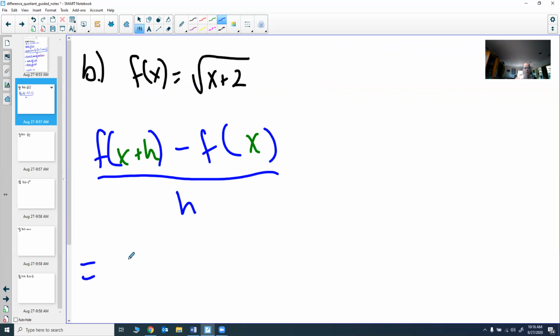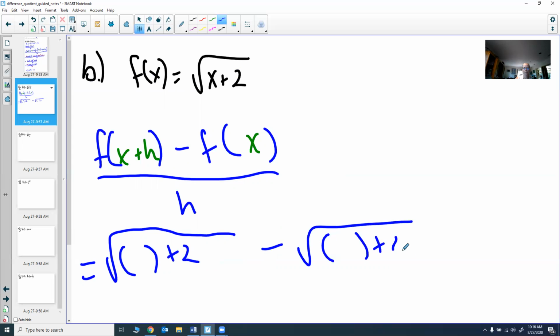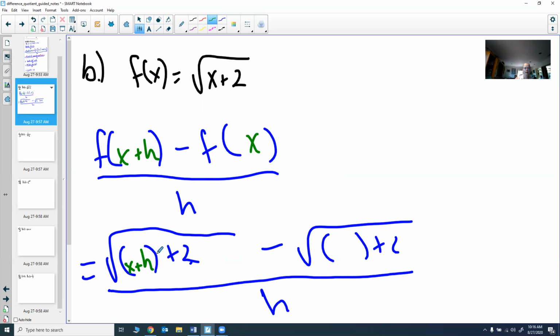Then my function is the square root of something plus 2 minus the square root of something plus 2 all over h. So all I'm doing is replacing this f of x plus h with the square root of something plus 2. Then I put in what is the something, and the something in this case is x plus h. In this one, the something is just x.